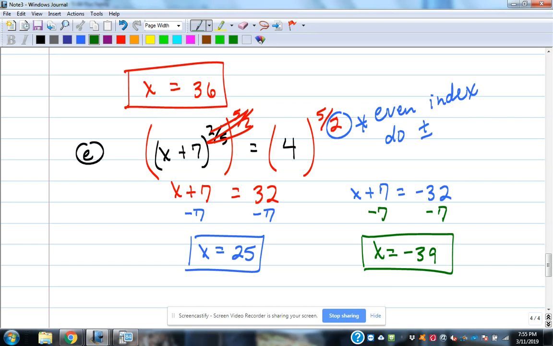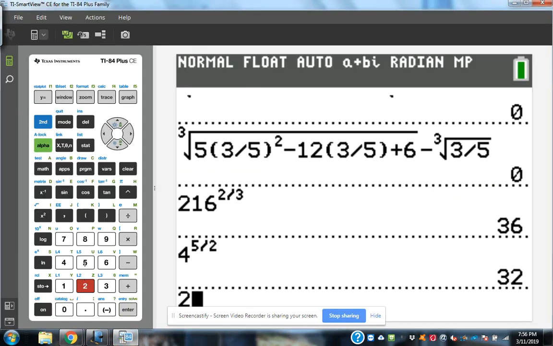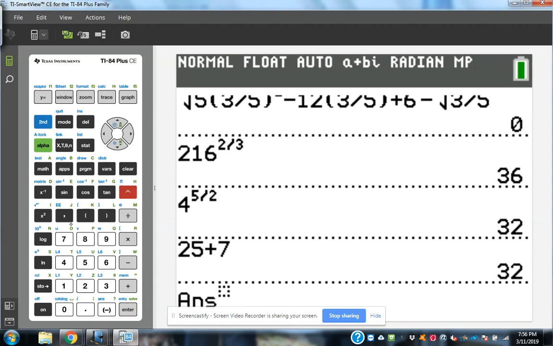And then we would go back and check that in the original problem. Remember, the original problem had the 2/5 power there. So I need to check (25 + 7) raised to the 2/5 power.